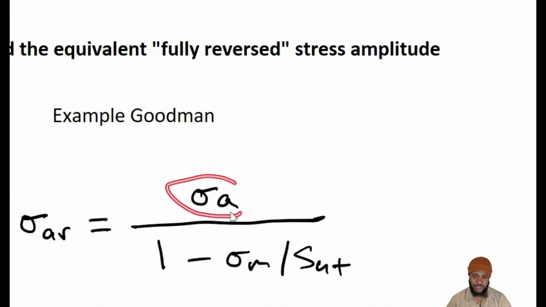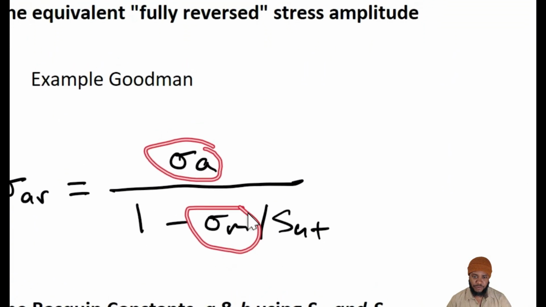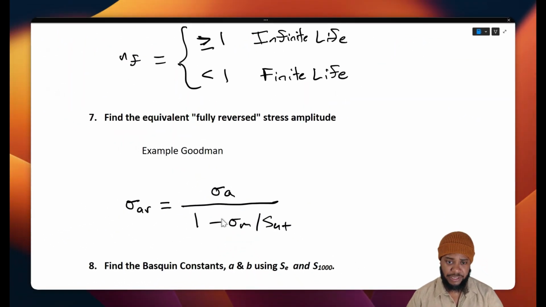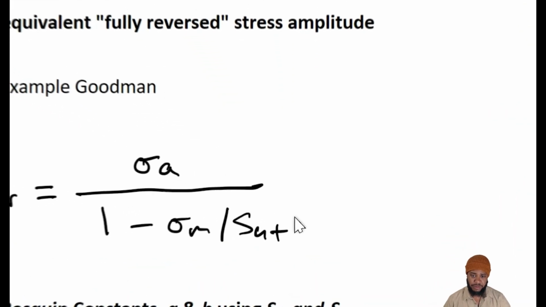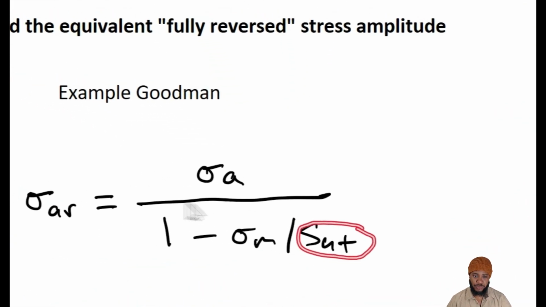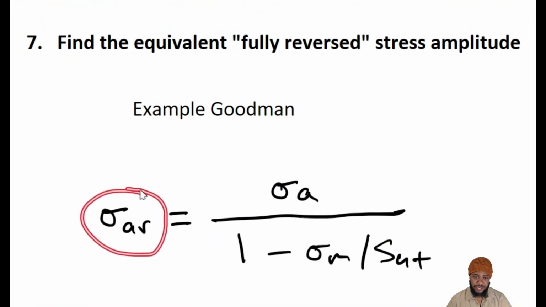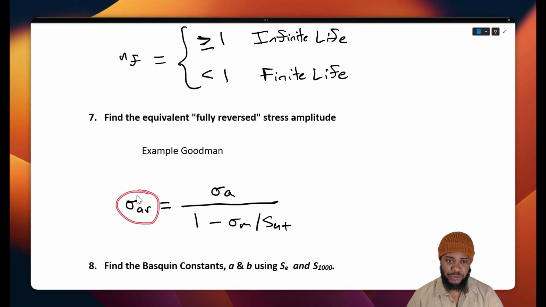So if we know the stress amplitude and the mean stress for our geometry that we've calculated, we plug those values in. We plug in the ultimate tensile strength, and we find a fully reversed stress amplitude, which we can use to find the cycles to failure.